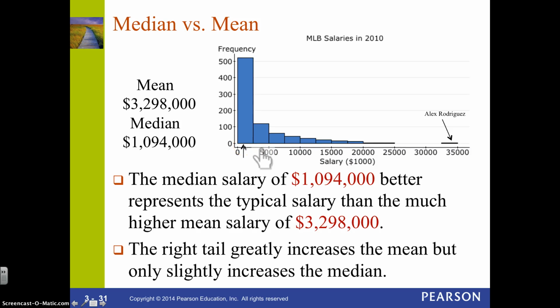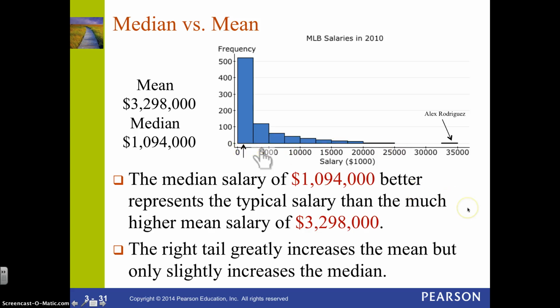So in this case, it's much better to use the median as our measure of center because it gives a better indication of where most of the salaries are for the players. Alex Rodriguez's salary way out here makes a huge difference to the mean because the mean has to add that value in, versus the median that just looks at the position of the values.